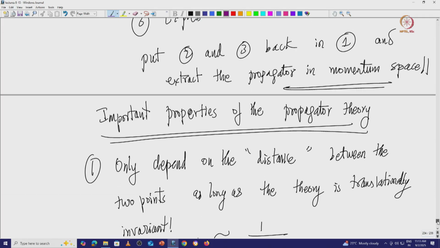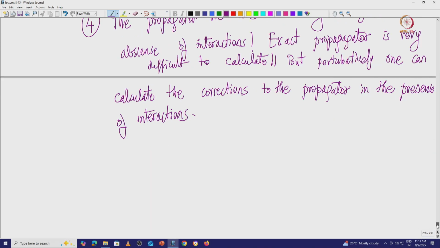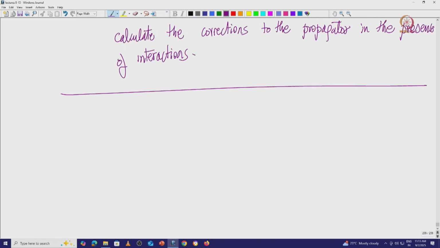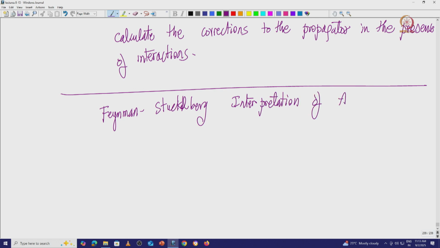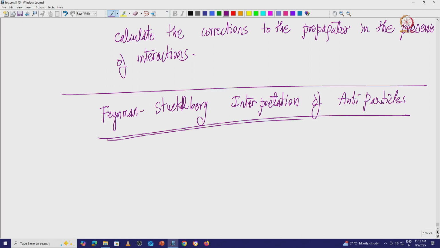But using the propagator theory, a very important thing comes into the picture, which is called the Feynman-Stueckelberg interpretation.